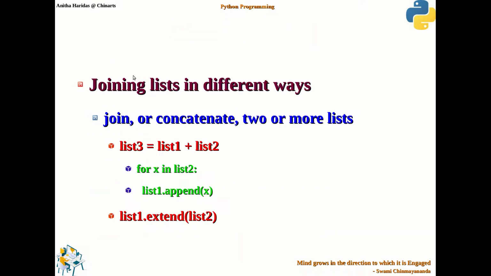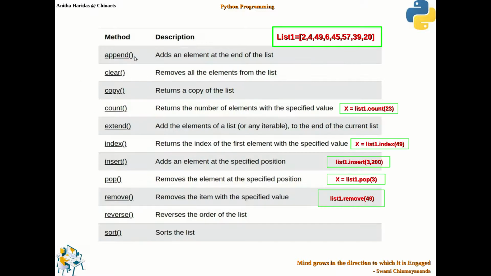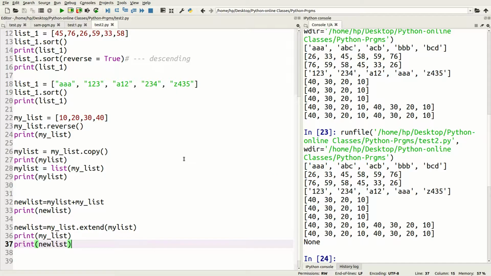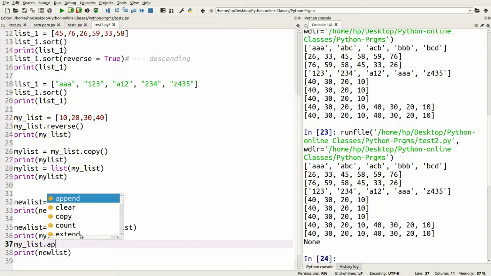The append method is going to add an element at the end of the list, right? So it's simple. If you want, I will show you that. In my list, I am going to append: my_list.append.